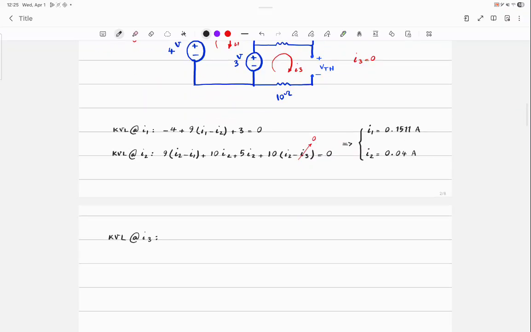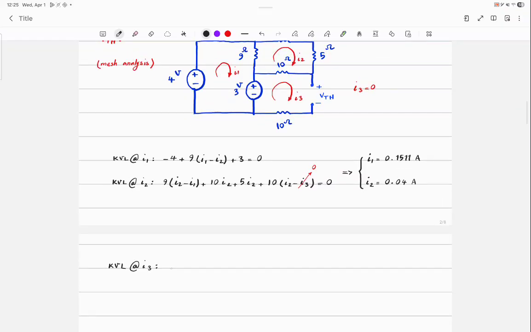Tell me, what should I write? Negative 3 plus, no, 10 I3 minus I2, which is negative I2, yes. Then, this is the important part. What's the next term? VTH, because you're entering from the positive terminal. What's next?